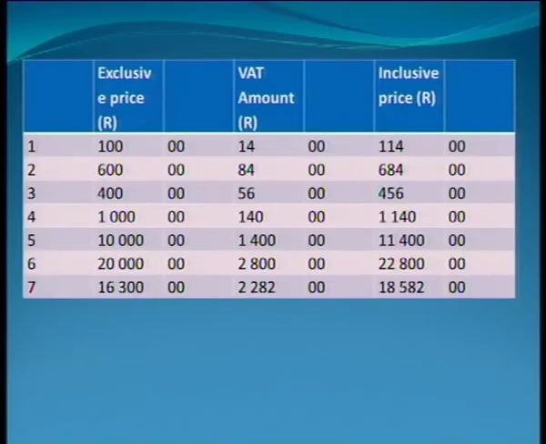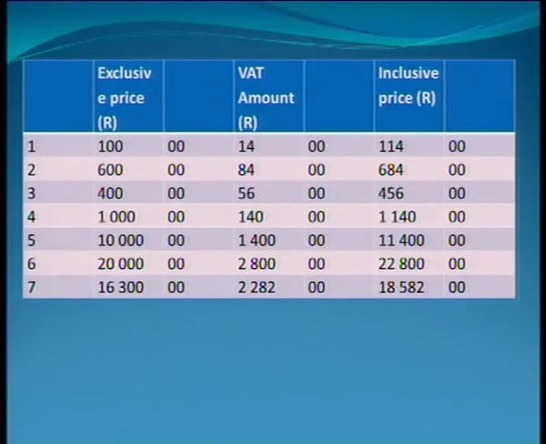Your exclusive amount is 1,000 and your VAT amount is 140. Your inclusive amount is 1,140. Number 5, your exclusive amount is 10,000. Your VAT at 14% is 1,400 and your inclusive amount is 11,400, meaning your exclusive plus your VAT.